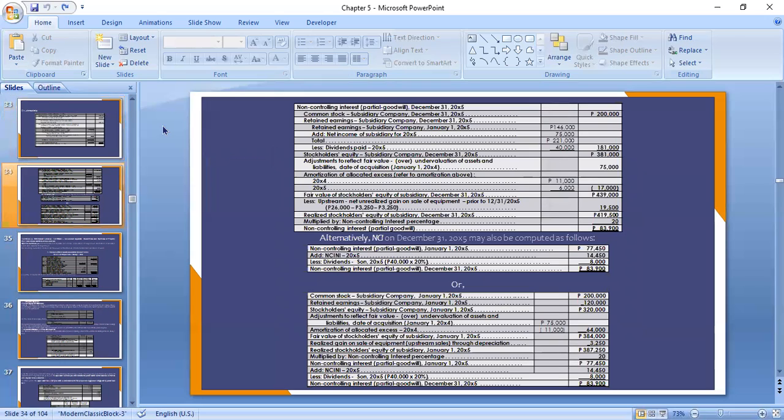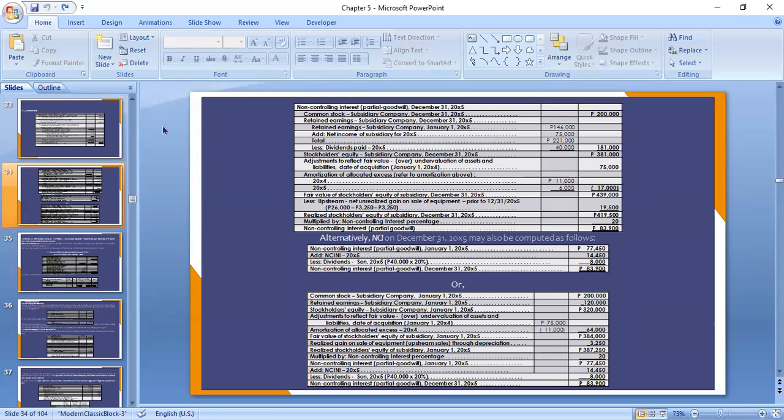Then we have the computation of the non-controlling interest using the partial goodwill approach on December 31, 20x5. We have the common stock of the subsidiary at the end of 20x5. Then you have the retained earnings computed as retained earnings beginning, then we add net income of the subsidiary, deduct dividends.